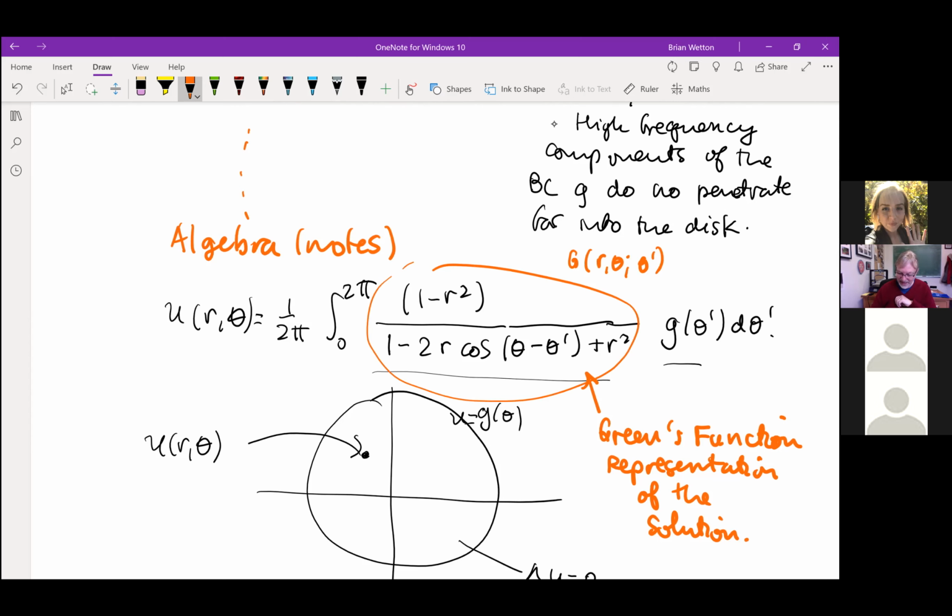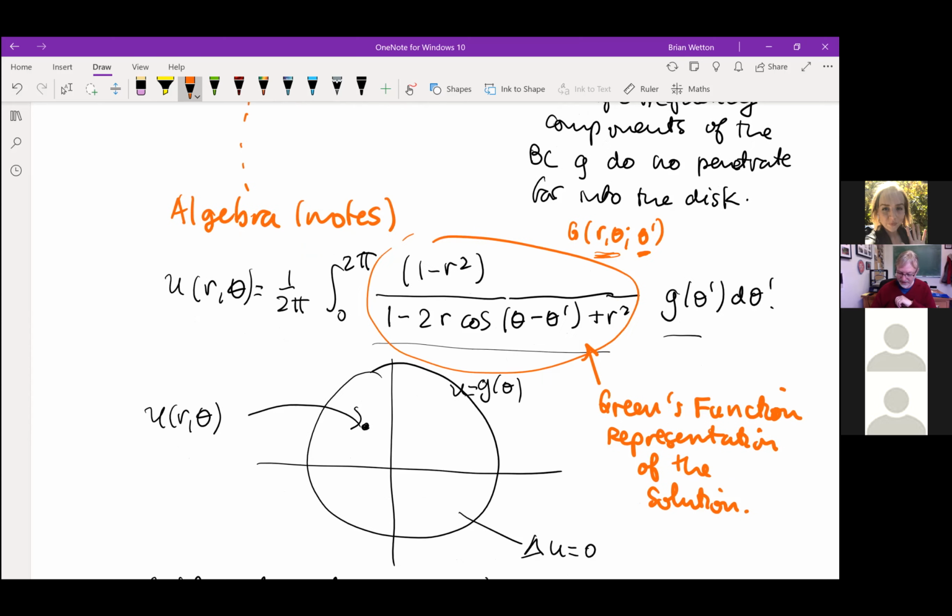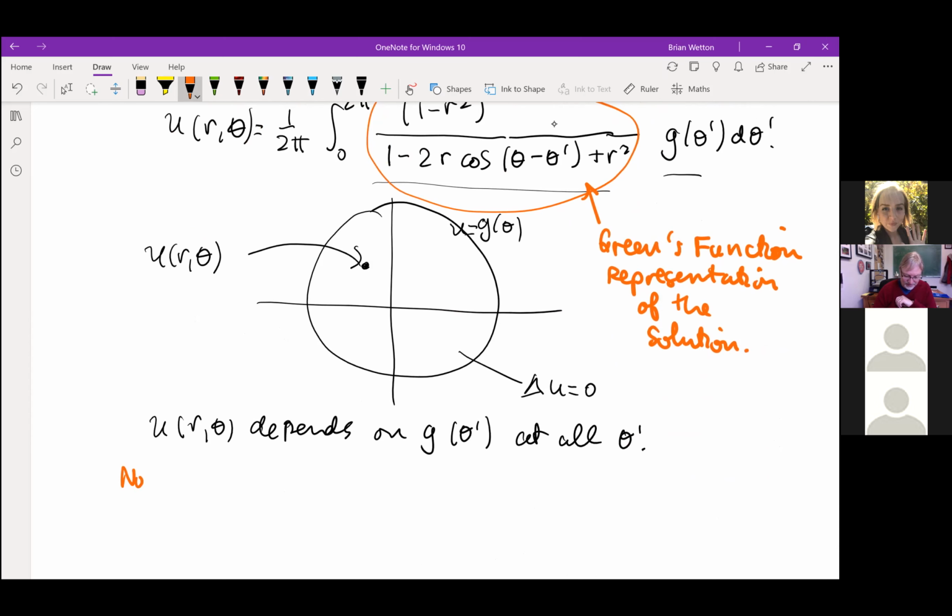Well, this is the map from the data at theta prime to the position inside the disk given by the coordinates r and theta. And I'll just note, G is always positive. So all of the data on the boundary gives you a contribution at every point.